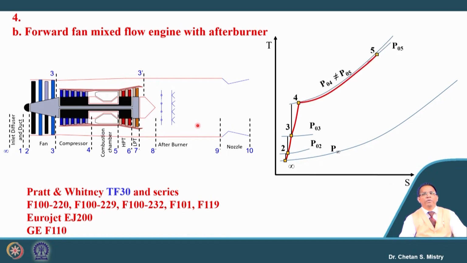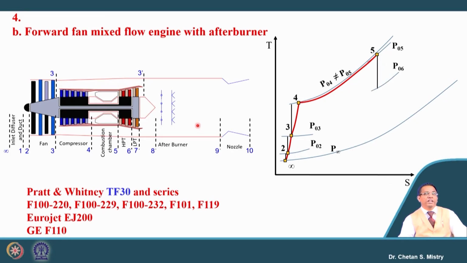We have our combustion chamber here, which will lead to an increase in the temperature by addition of heat. It will reach temperature T05. This combustion process we are assuming is happening at constant pressure, but we know because of frictional losses my exit pressure will be lower than my entry pressure for the combustion chamber.